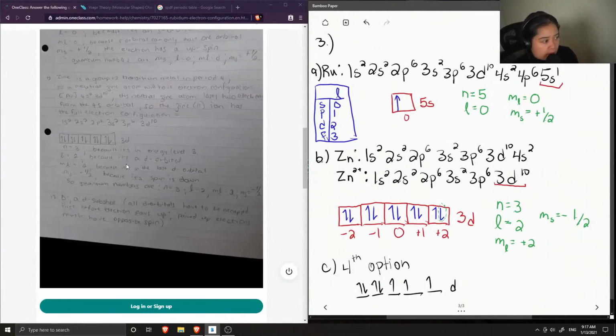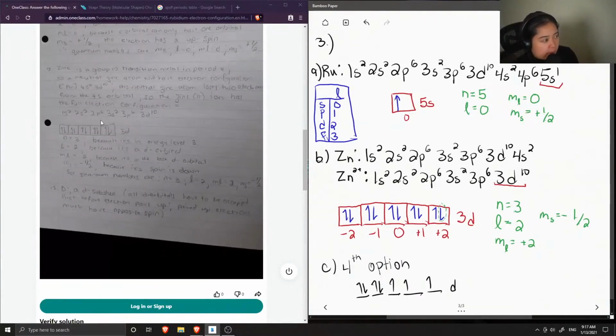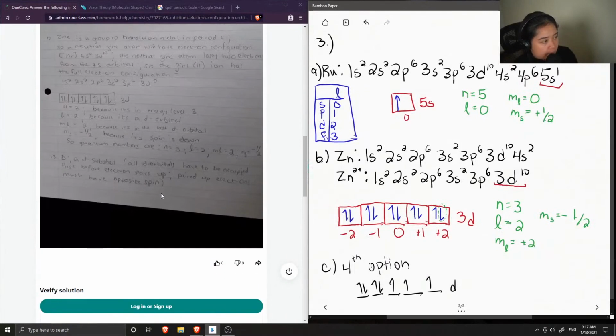Yep, so that's correct. And then they wrote out their 3D subshell. N is equal to 3, L is equal to 2, ML is equal to 2, and MS is equal to -1/2 because it's spinning down.